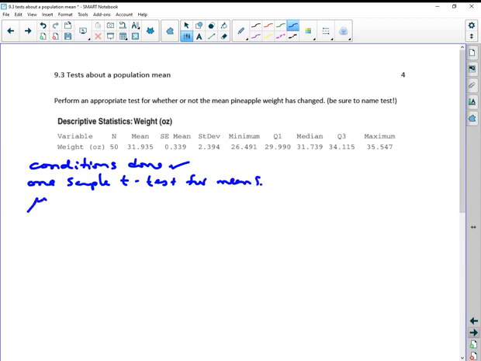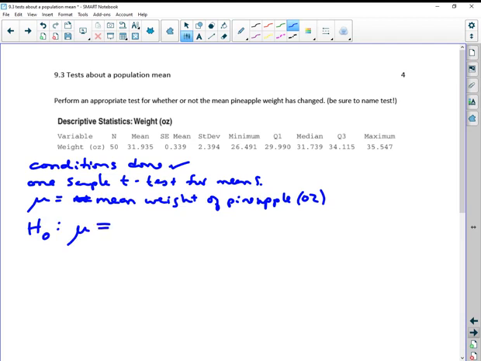We know mu is going to be the mean weight of a pineapple, and that would be in ounces. Okay, got the conditions.